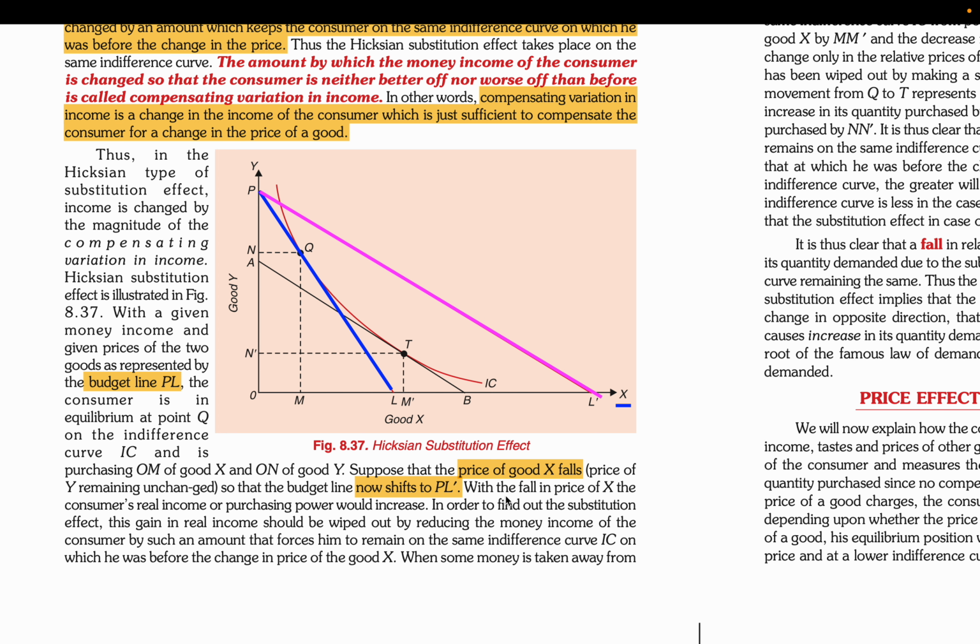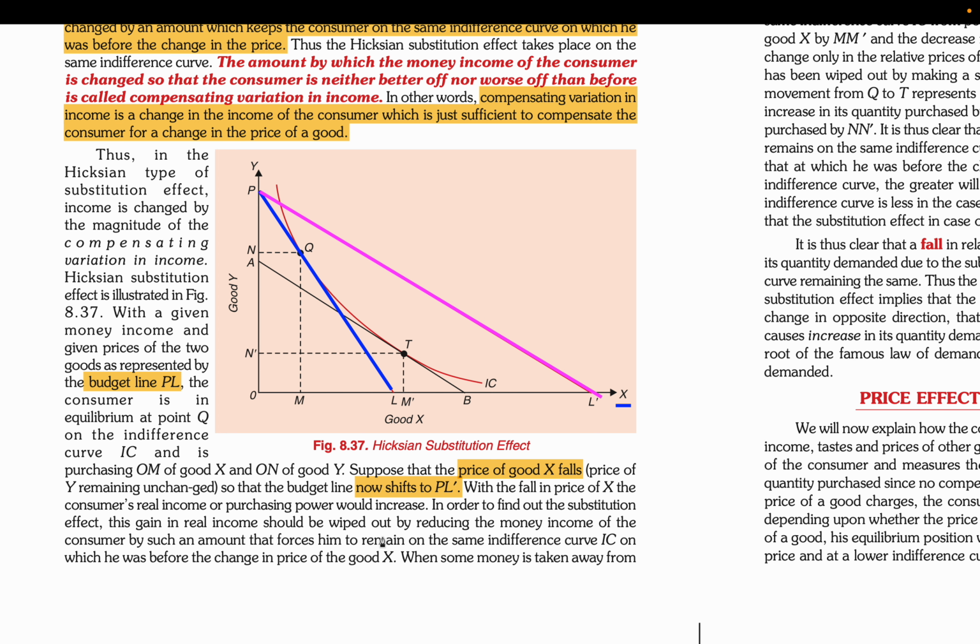Which is PL dash. With the fall in price, the consumer's real income or purchasing power would increase. The purchasing power increase is what is shown in these shifts in budget lines. In order to find out the substitution effect, the gain in real income should be wiped out. We should wipe out the entire gain in real income, because that is what the income effect shows.